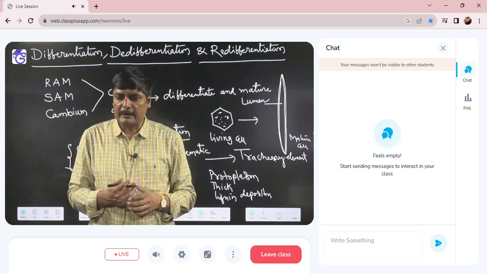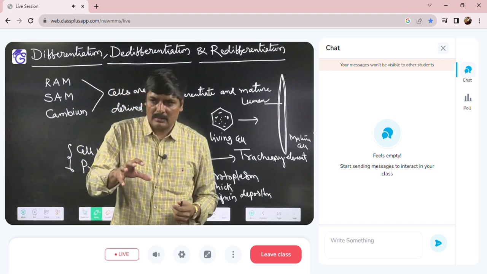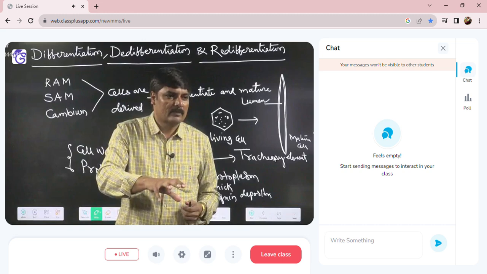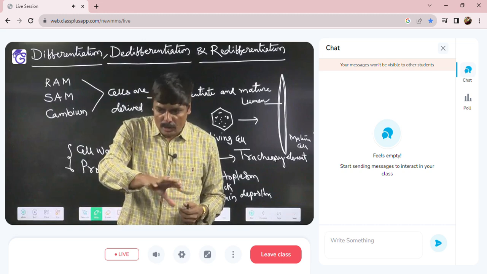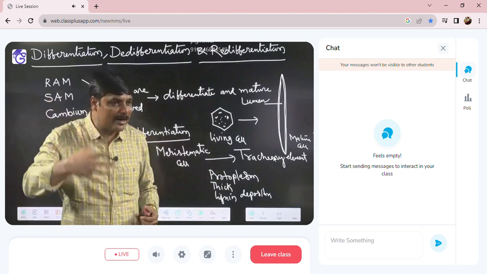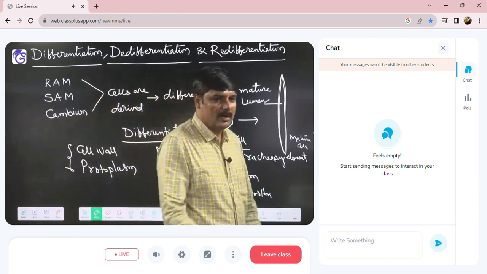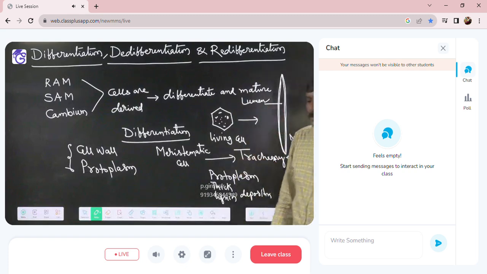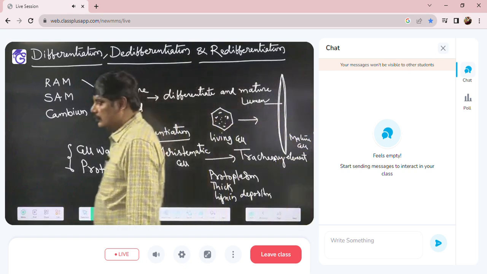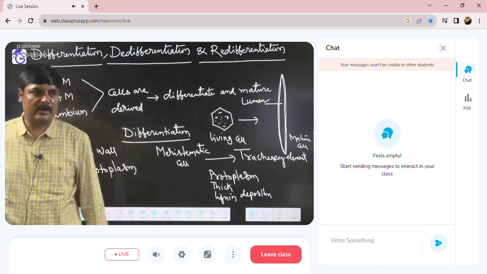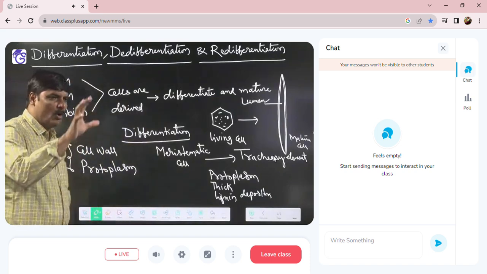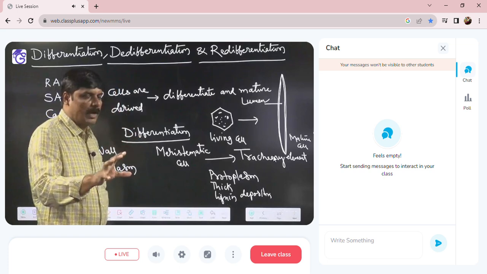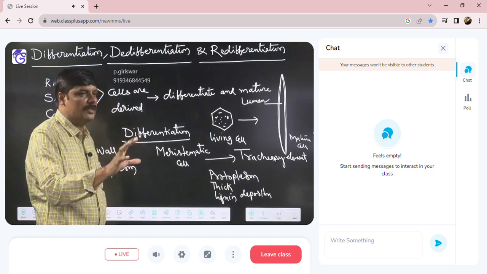So, depending upon the type of cell and the location of the cell, whichever type of cell the meristematic cell wants to become, accordingly they undergo changes. And this is what is called differentiation, students. Hope you understand what is meant by differentiation. Most of the cells in the plant body are formed by differentiation.